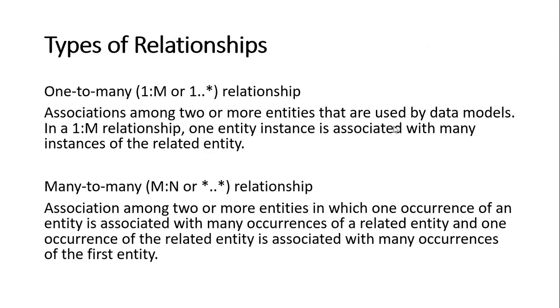A relationship has two ends: one entity and the other entity. The two entities connected by the relationship are the factors that determine which type of relationship it is.